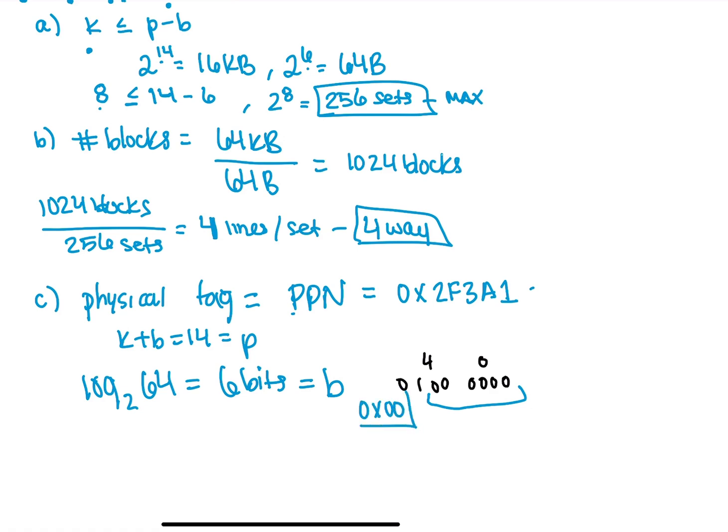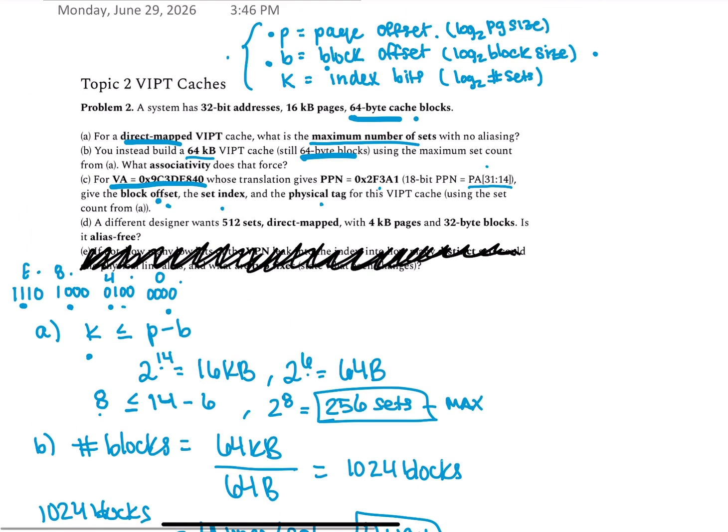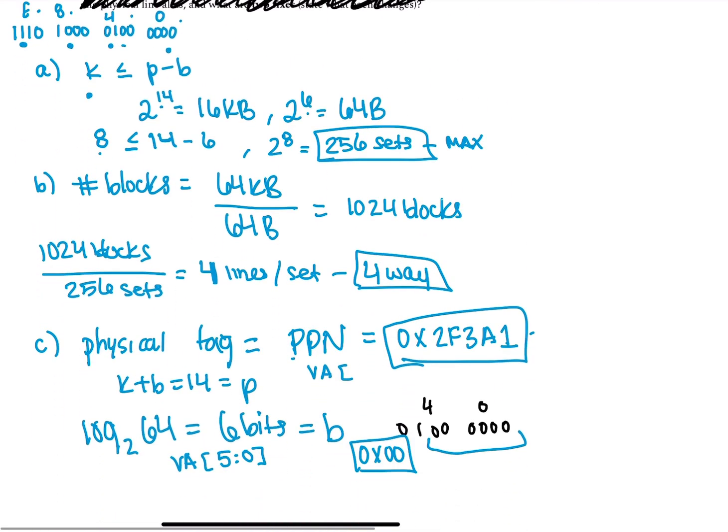I'll circle our answer so far. This is the same as our virtual address from 5 to 0 because that's 6 bits. And this is the same as the physical address from 31 to 14.